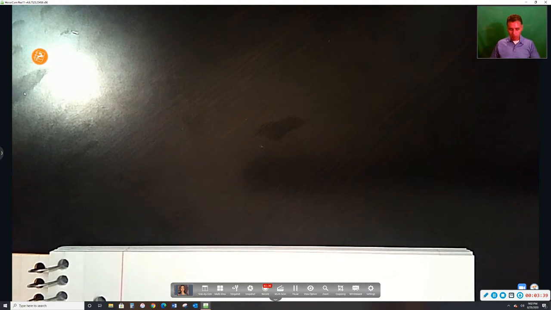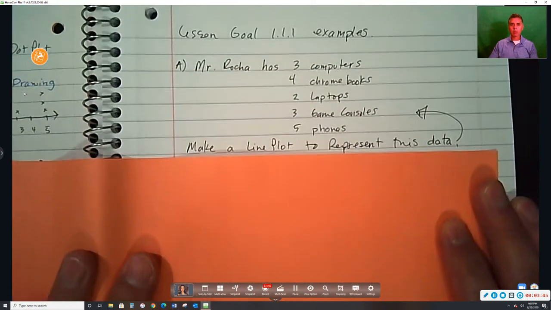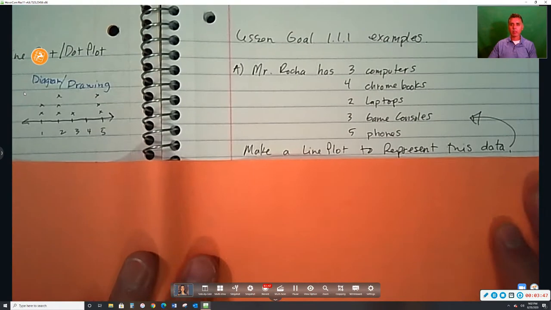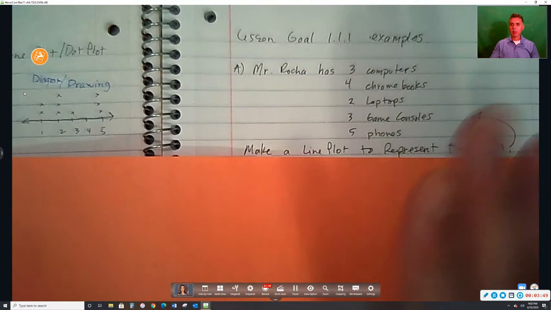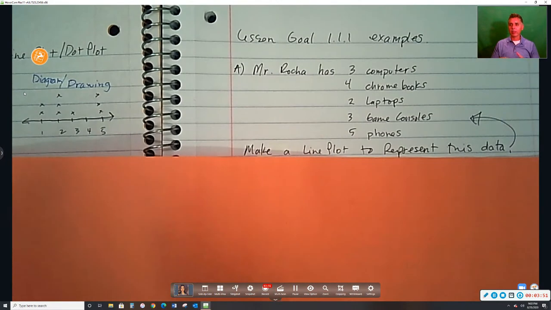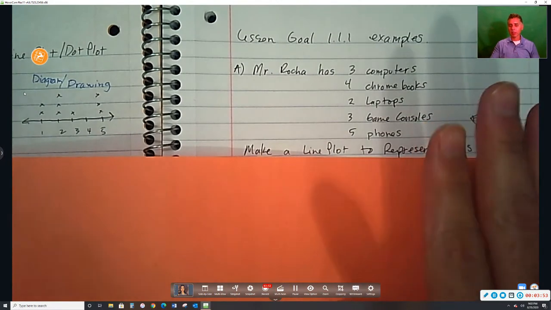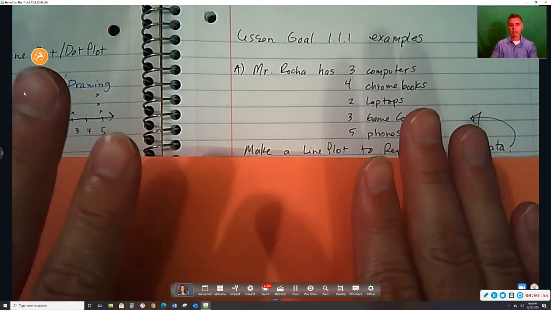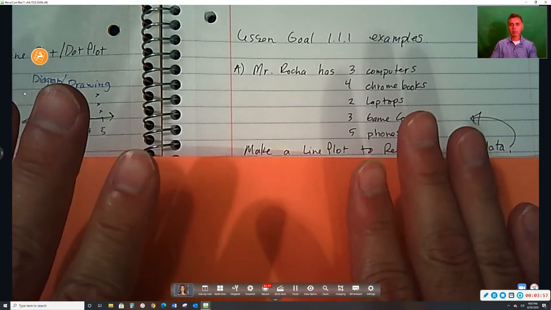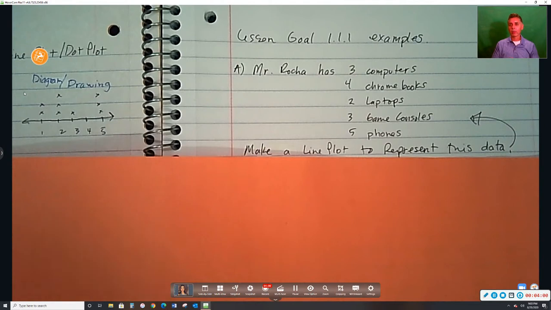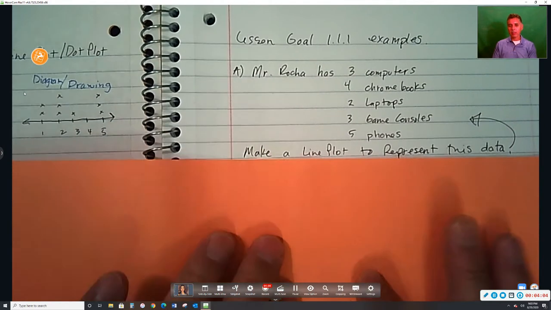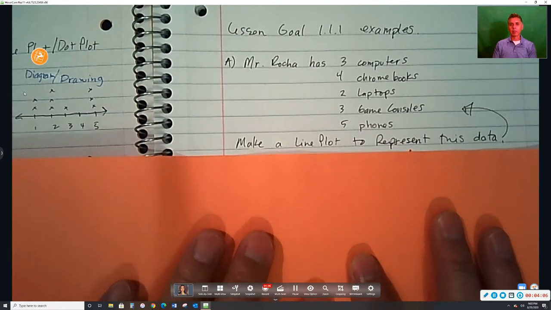So on the next page, and again, when I take notes, I remember from the notes video, the examples are going to be on the right-hand side, and then the explanation is on the left. Or we look on the left to find our answers. Okay.